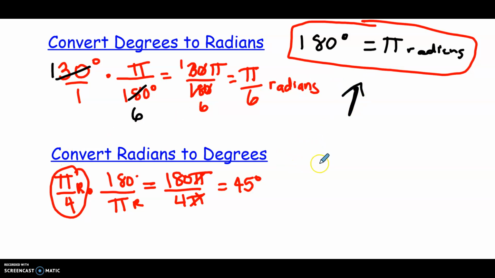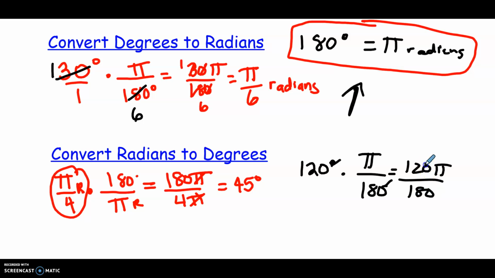Like, if I'm trying to take 120 degrees and I want to get rid of degrees and change it to radians, you're going to say, okay, I want the radians on top and the degrees on the bottom. So that's the conversion that you use. And so those degrees cross out and you get 120 pi over 180.